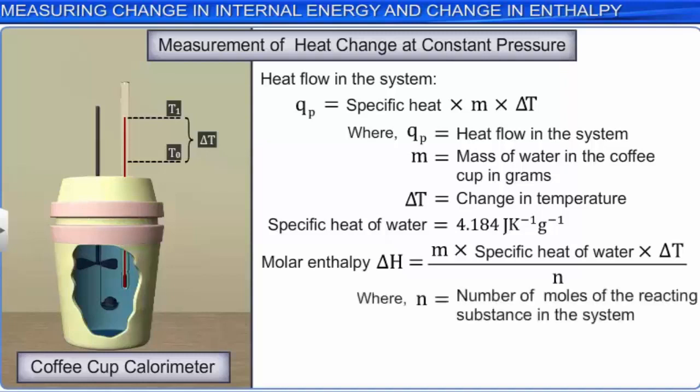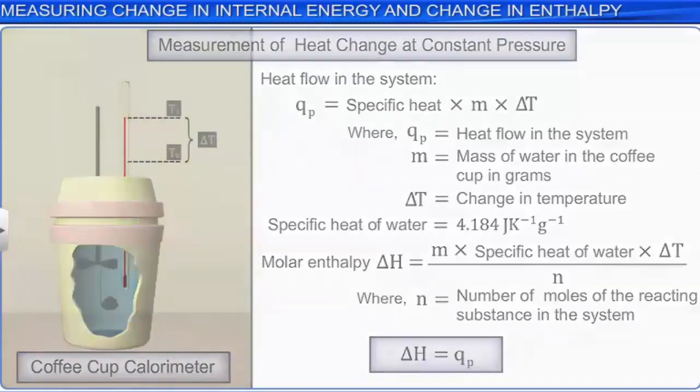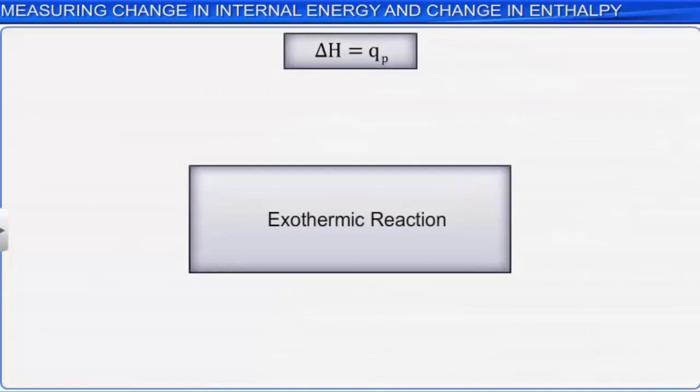It is important to note that when heat is absorbed or evolved by the system at constant pressure, we are actually measuring changes in the enthalpy. Therefore, delta H is equal to Qp. In an exothermic reaction, heat is evolved and the system loses heat to the surroundings.